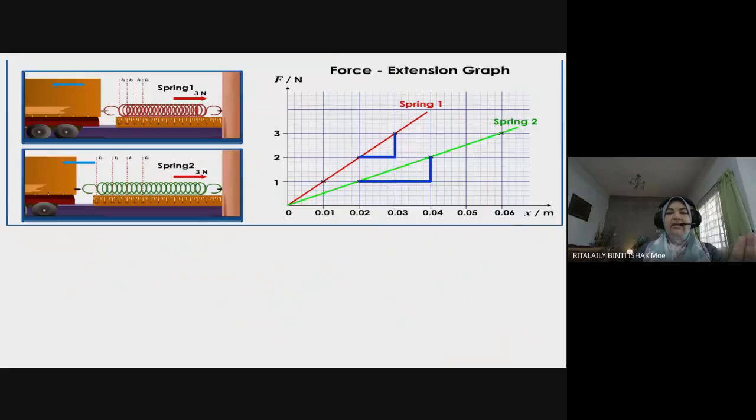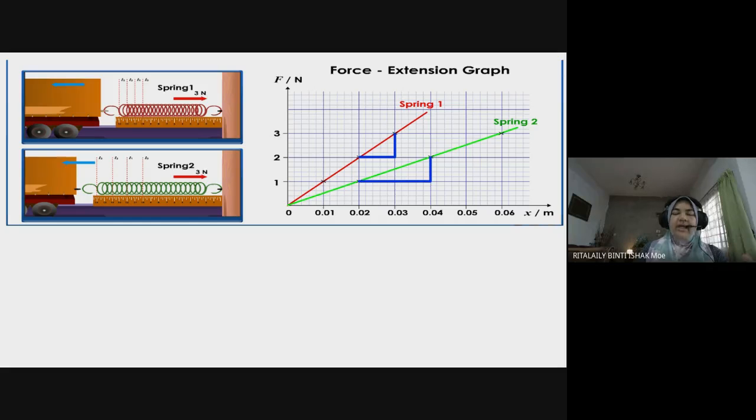So let's look at this. We have spring 1 and spring 2, and the result of force and extension is shown in a graph. The question is, calculate the spring constant for spring 1 and spring 2.